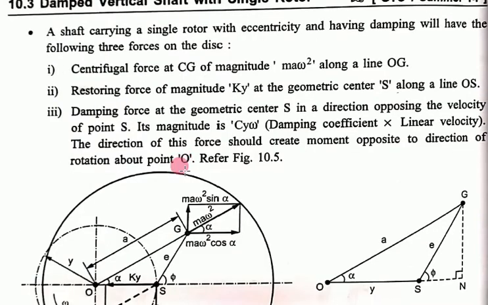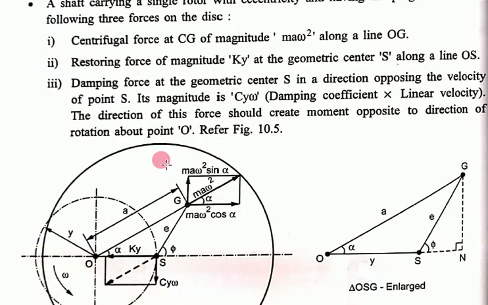Now a shaft carrying a single rotor with eccentricity and having damping will have the following three forces on the disc. First is the centrifugal force of magnitude m a omega square, along the line OG.